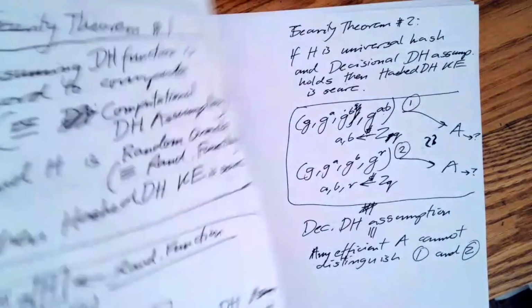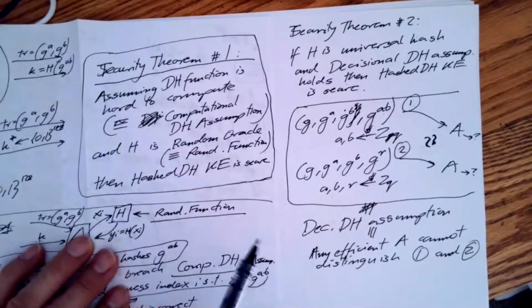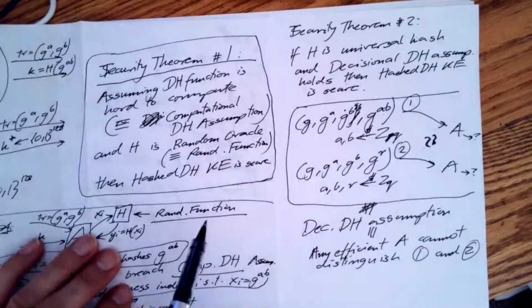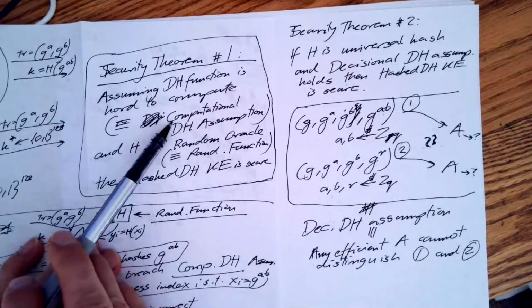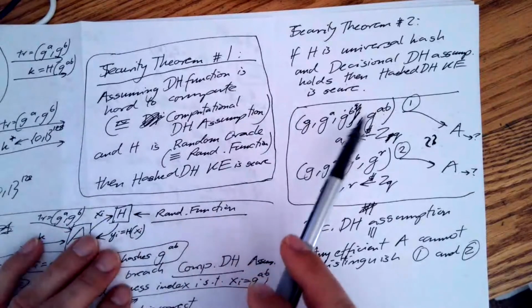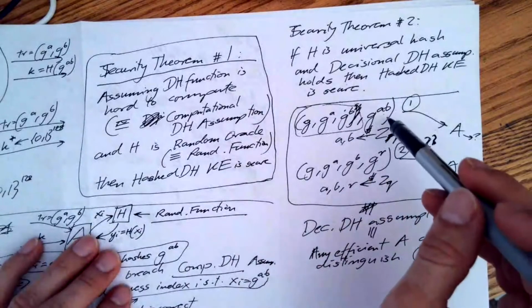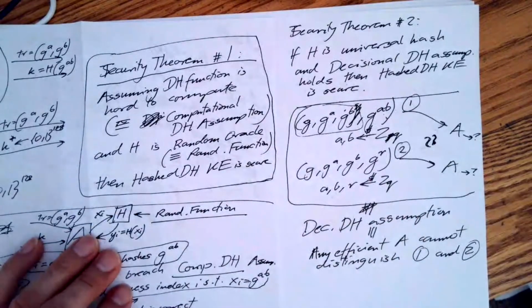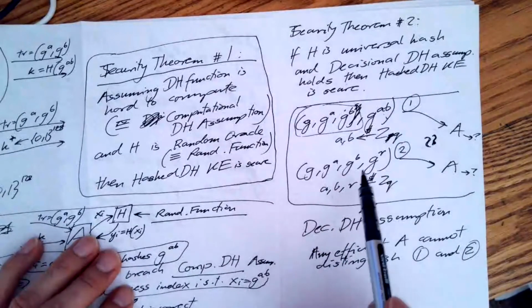If you compare these two theorem statements, they're sort of like apples and oranges. This one uses the computational Diffie-Hellman assumption, which means that if you get this part, computing this is hard. Decisional, this one uses a stronger computational assumption.